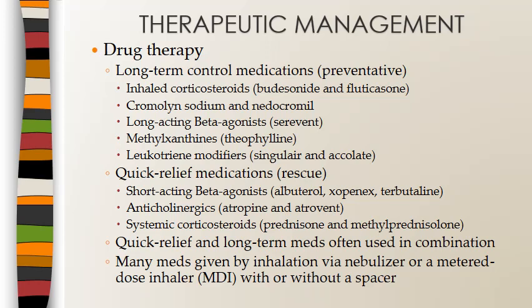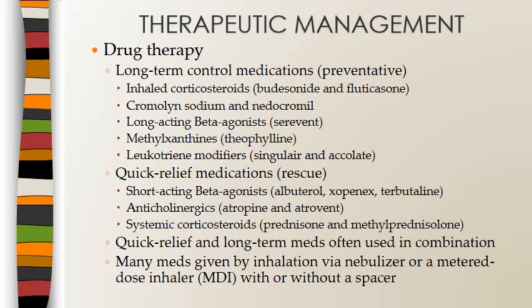But what we have to keep in mind is that if a child is having an acute exacerbation, an asthma attack, the medication that they're going to use is oftentimes their short-acting beta agonist, which is albuterol, Xopenex, or terbutaline. That is what they're going to use for rescue and relief. They won't be using their long-term control medications for relief because that won't act quick enough to relieve their bronchospasm.